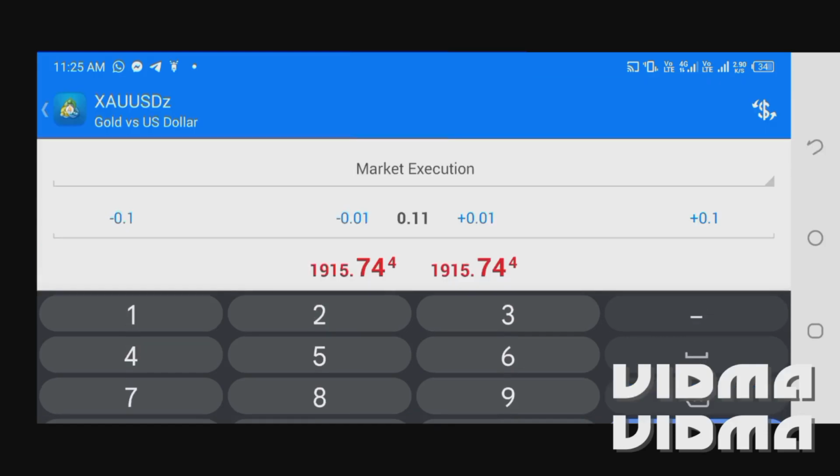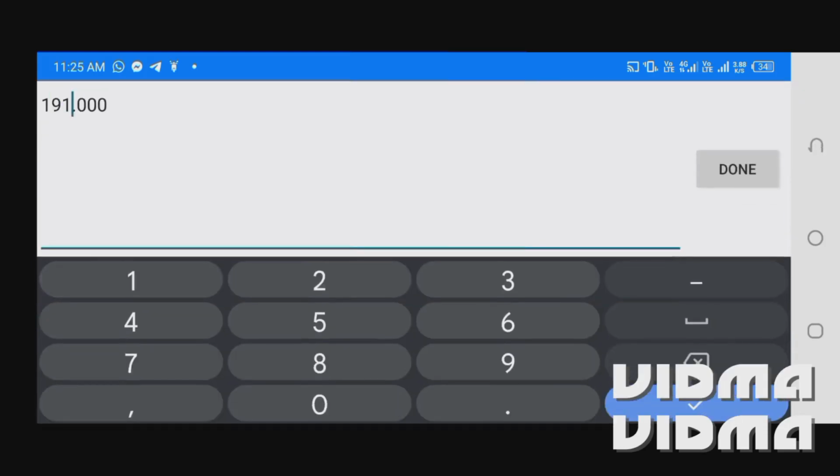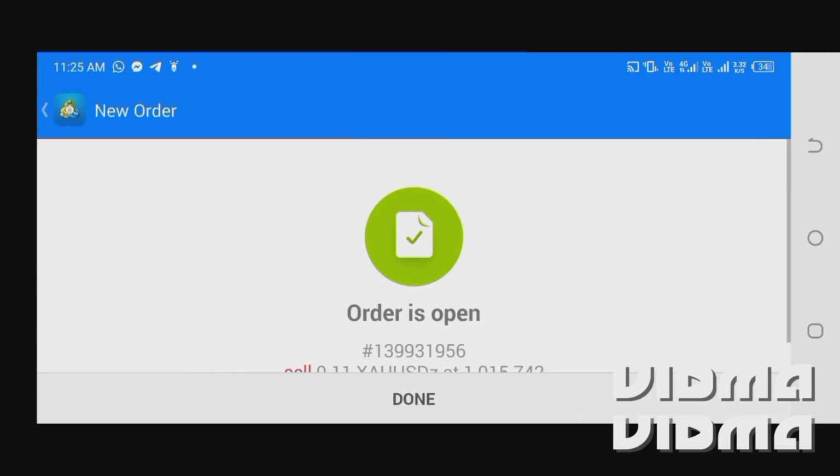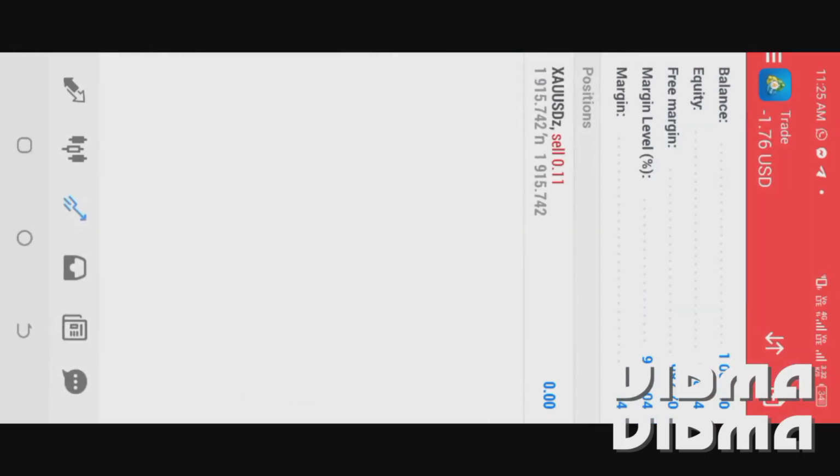So we place our stop loss above the supply zone and target up to our previous swing low. That SL is 1916.900 and our target is 1914. The trade is currently running at a loss of 1.95 USD.